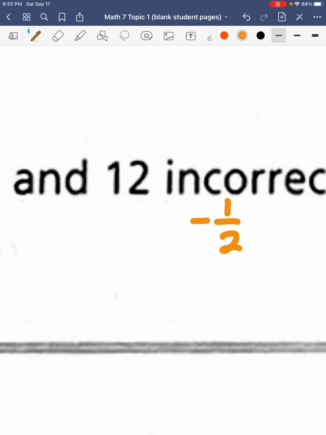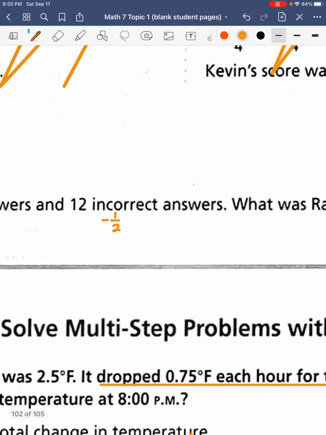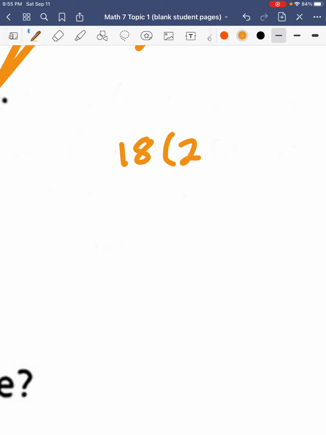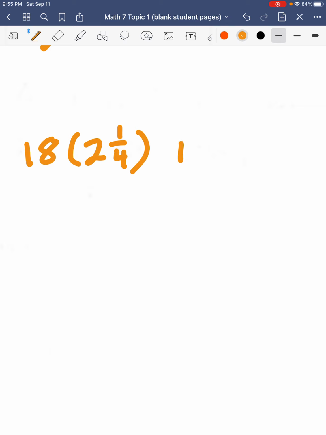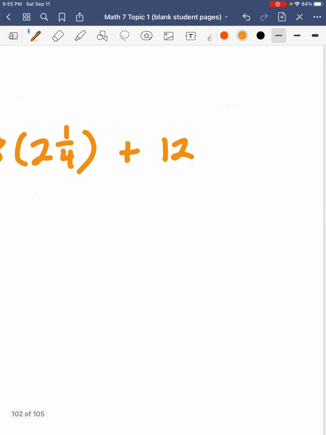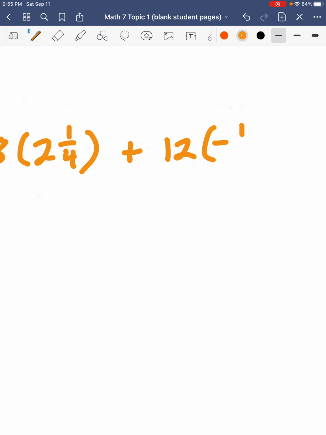Okay, so we're going to do the same thing, and we're just going to multiply and then add together. So she answered 18 questions correctly and got 2 and 1/4 points for each of those. And she also answered 12 questions, but they were incorrect, so she lost 1/2 point for each of those.